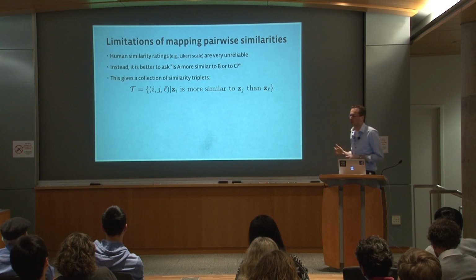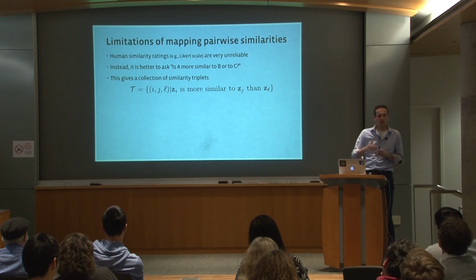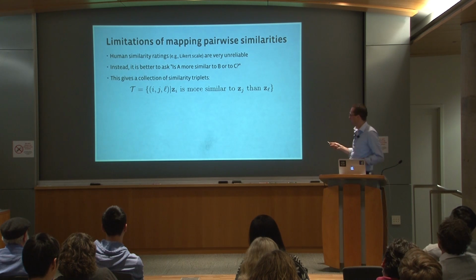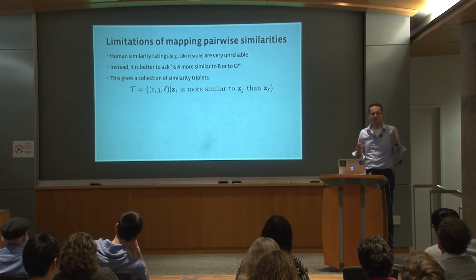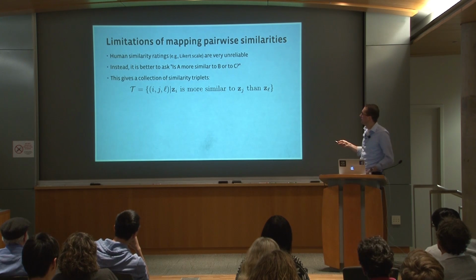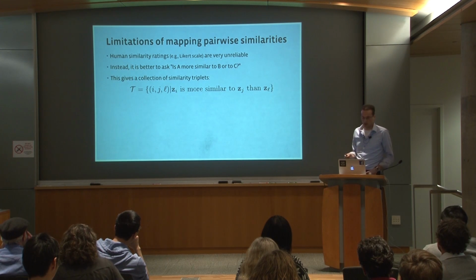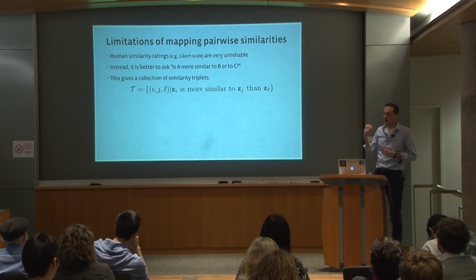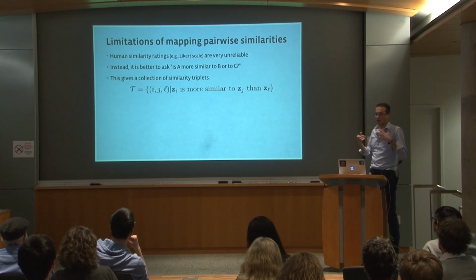And so often in cognitive science, people instead ask things like, is A more similar to B or more similar to C? What they gather is a set of similarity triplets, triplets IJL, which basically means that object I is more similar to object J than to object L. So the question we asked in this work is, can we somehow use these kinds of triplets to learn embeddings?